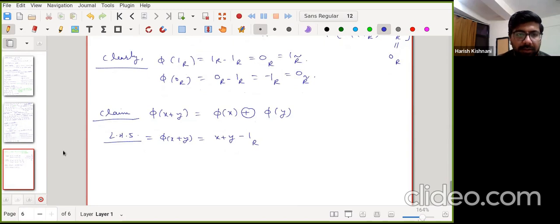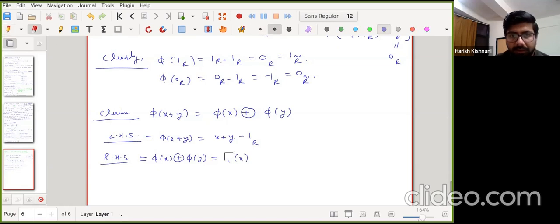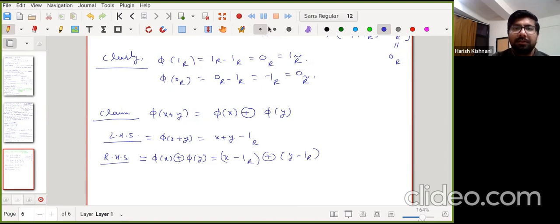And the RHS is phi of x plus phi of y, that is, x minus identity of R added with y minus identity of R. So is this part clear?